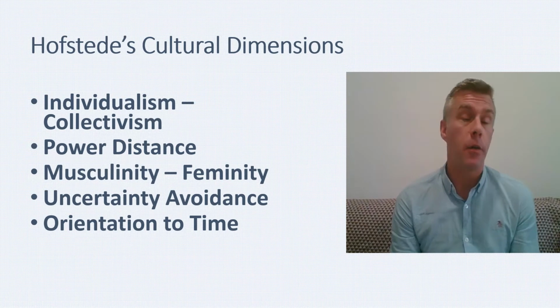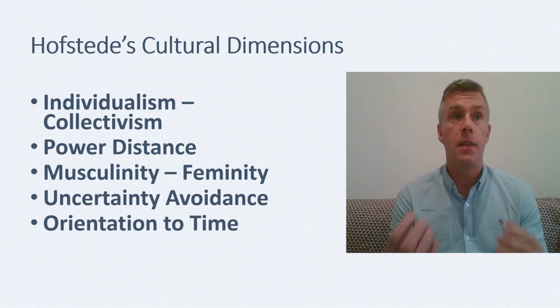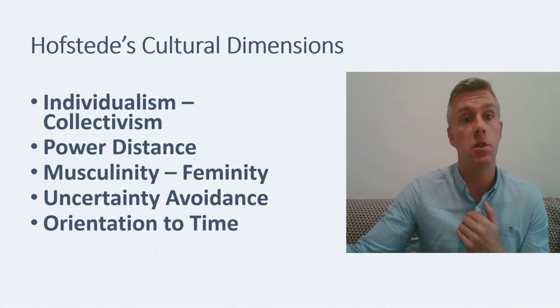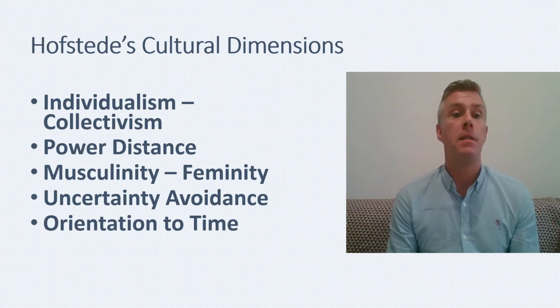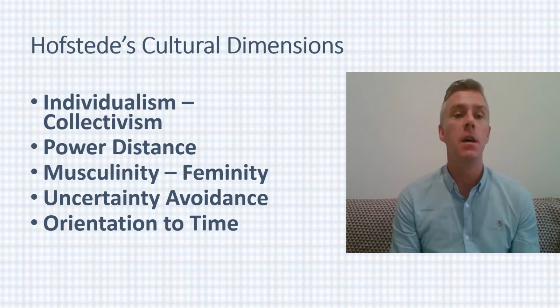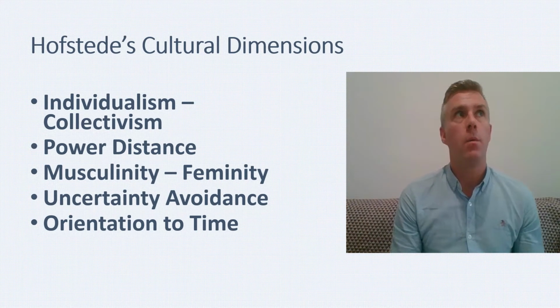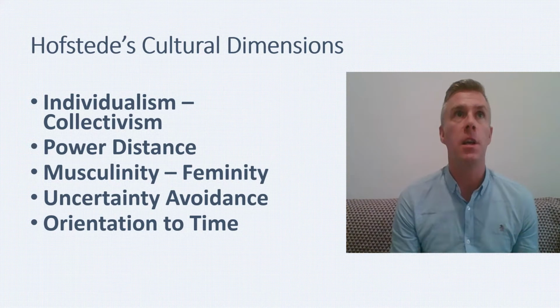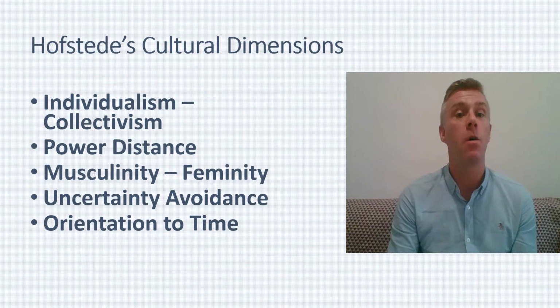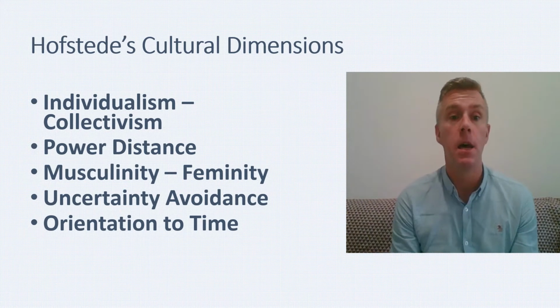Power distance is another dimension, the distance between one person and somebody in a position of authority. Then some cultures are more masculine or feminine. This relates to what we have traditionally seen as typically male characteristics or typically female characteristics.